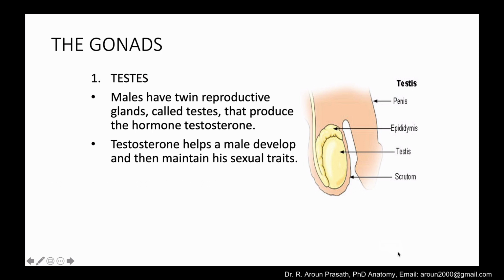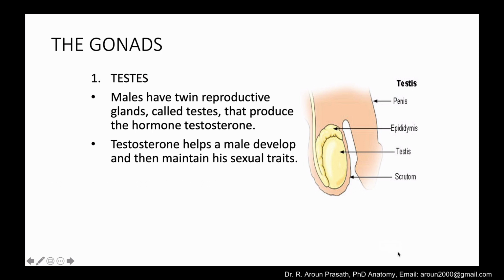Okay, so coming to the endocrine part of the testes, there are interstitial cells that produce the testosterone hormone. Whereas the seminiferous tubules present in the testes will produce sperm cells, that is the exocrine part function.